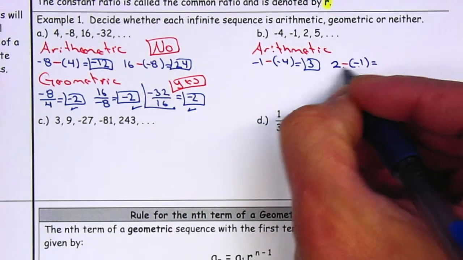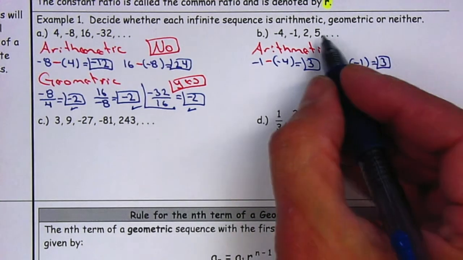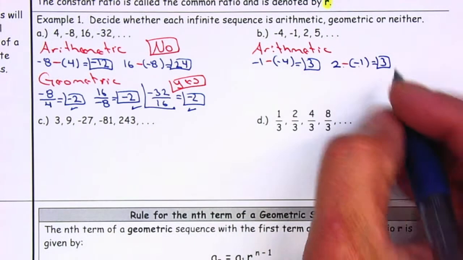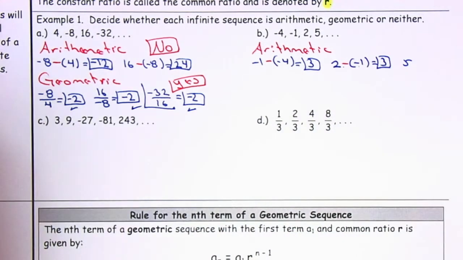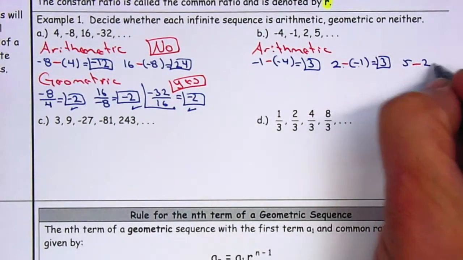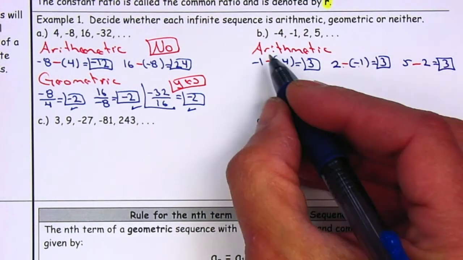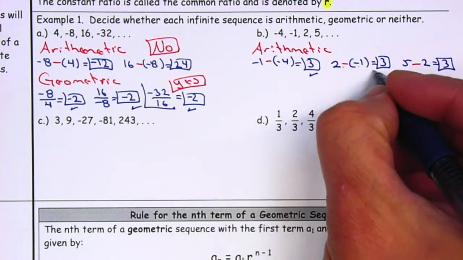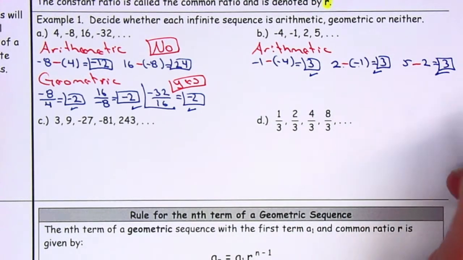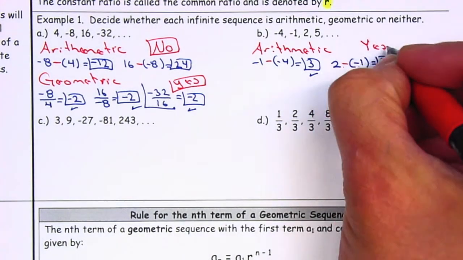Negative and negative is a positive, so 2 plus 1 is 3. Last, we're going to take the fourth number minus the third number. So it'll be 5 minus 2, which is equal to 3. Notice that the difference is exactly the same throughout. So this is an arithmetic sequence.